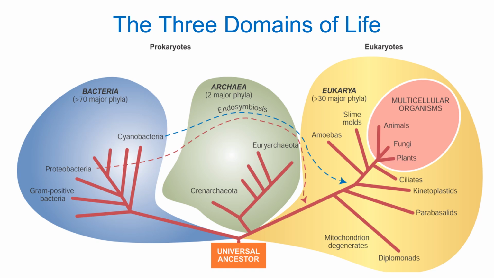But what it's thought happened is that the eukaryotes evolved from archaea that incorporated bacteria into their cells. So we have these archaean cells that took up proteobacteria that developed into mitochondria. The mitochondria in your cells actually have their own DNA, and it's in a circle, which is something we see in bacteria and archaea.